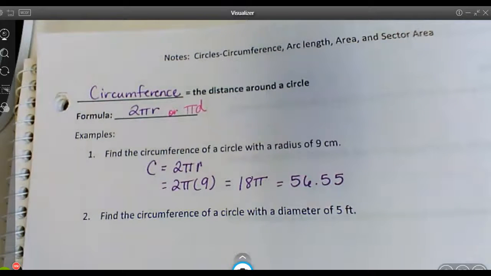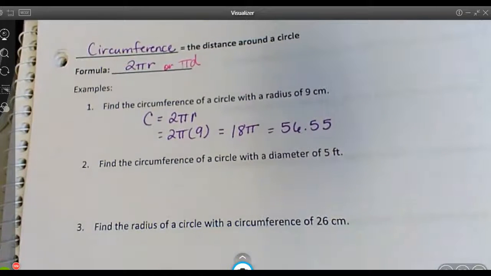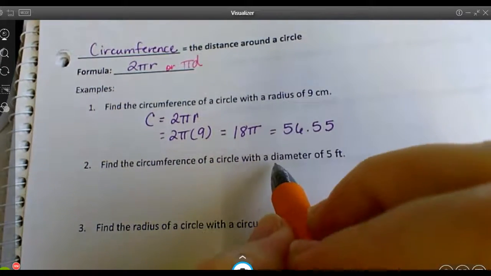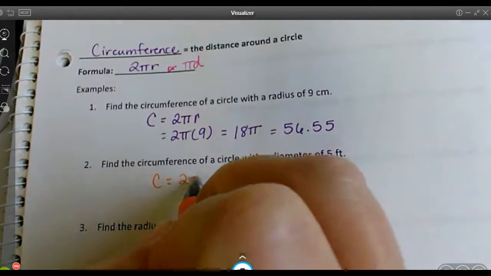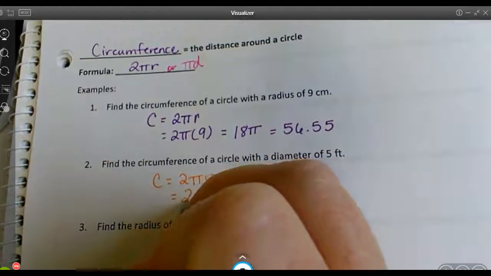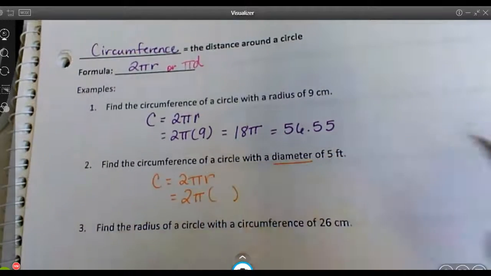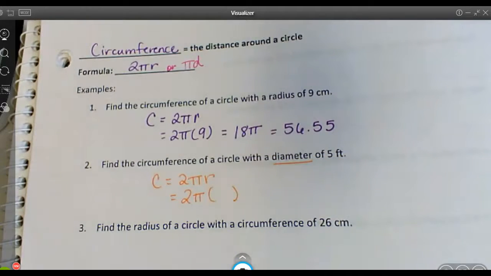Okay, the next one, again, it says find the circumference of a circle with a diameter of 5. So it was different here because it says diameter. I'm still going to use that 2 pi r formula because that's just what I'm used to. But I do need to figure out what r is. Okay? If the diameter is 5, then that means r is half of 5.